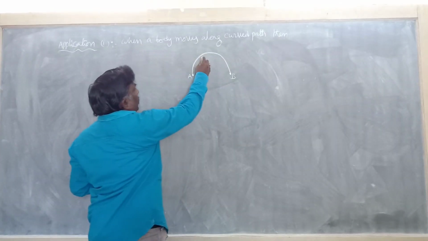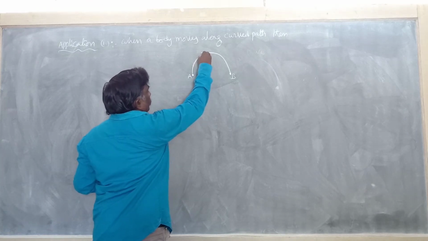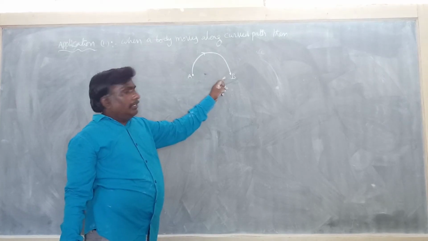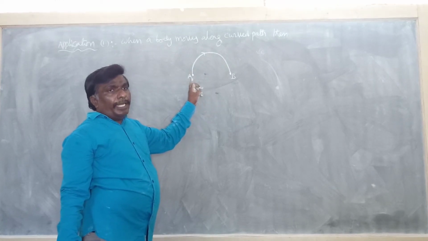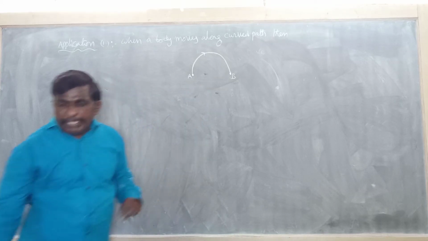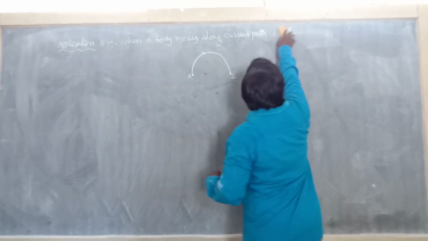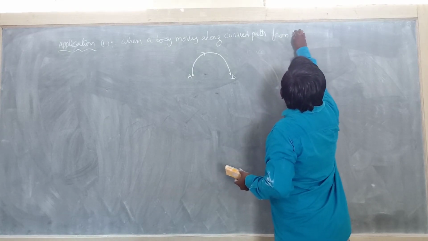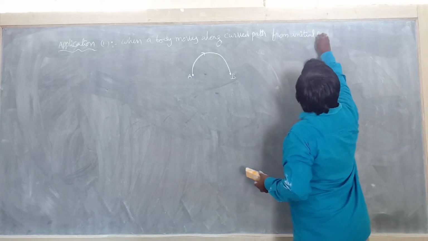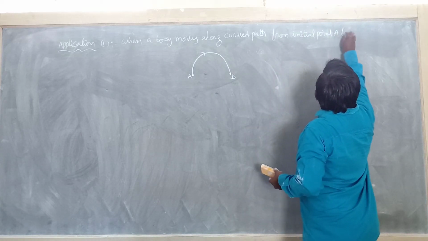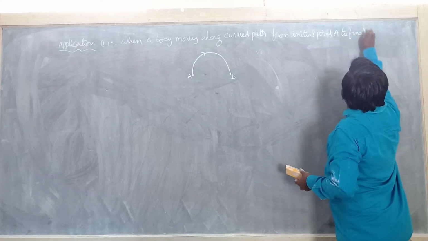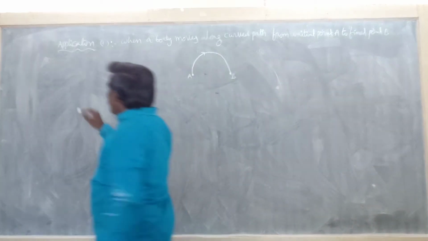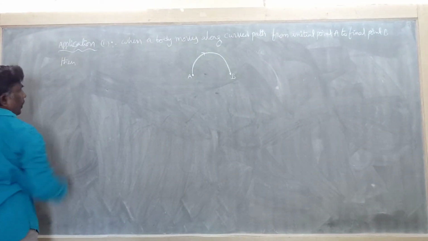When a body moves like this, along a curved path from initial point A to final point B, then what about distance?